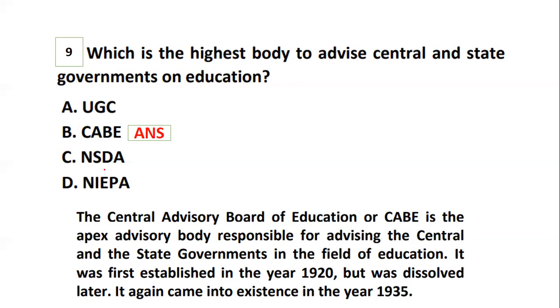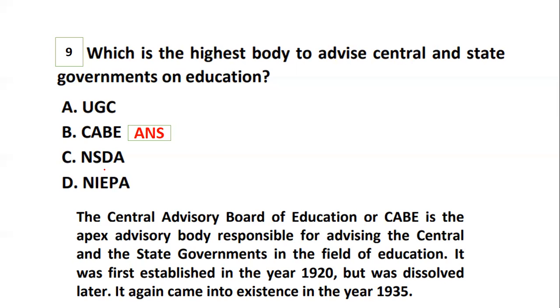There are many questions on its first establishment, the dissolution, and its coming into existence again. But at the end of the day, we need to understand what the question is and keep our answers ready. Here it was the apex body advising both the central and the state government, and that apex body is the Central Advisory Board on Education.